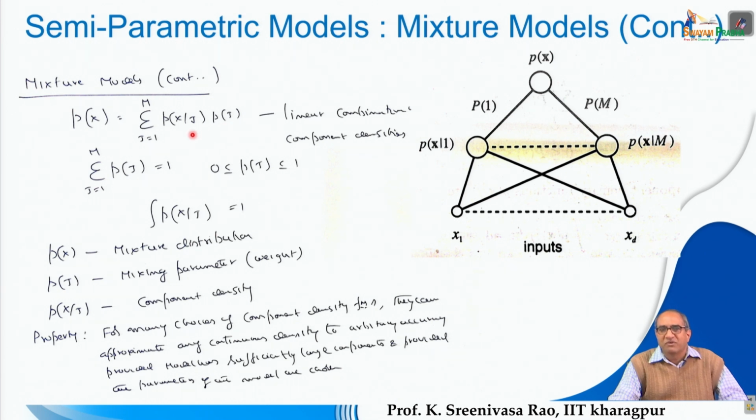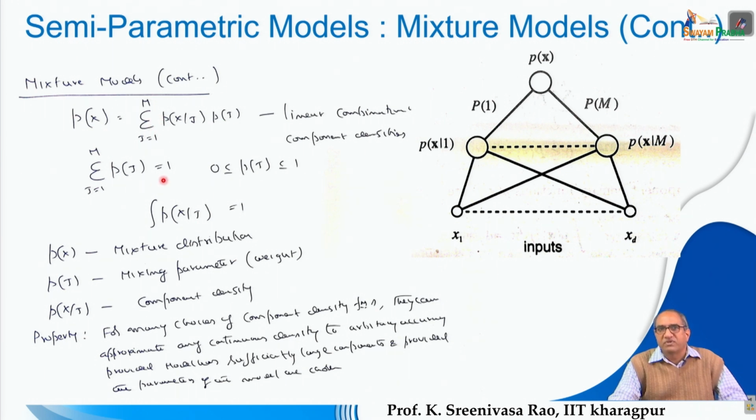Here, instead of class conditional density, it is the probability density of data with respect to each component, and this is the weight of each component, P of j. Summation over all of them gives you the overall density.